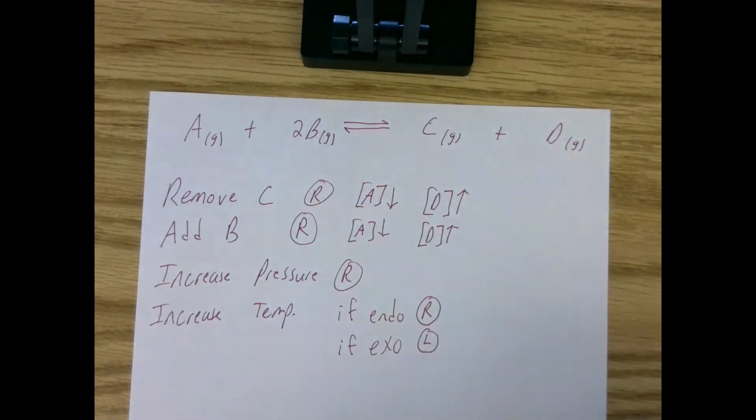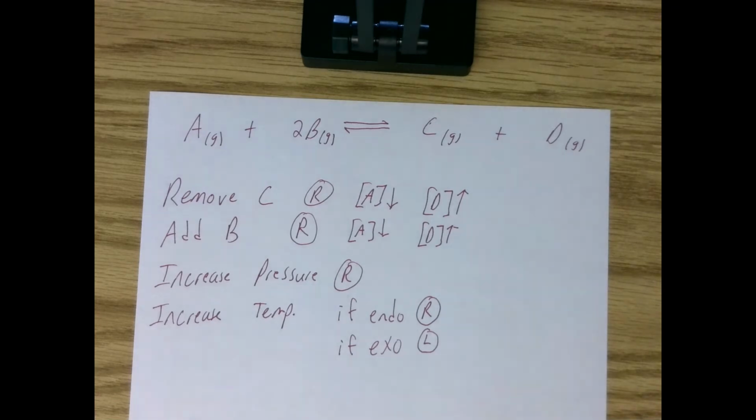I tend to ask that in terms of increasing, but could I also ask it in terms of decreasing temperature? Yeah, it should be the exact opposite. So if increasing shifts endo right, decreasing shifts endo left. So I could also ask any of these in reverse. Then I could also ask this in terms of increasing A, increasing B, and stuff like that.